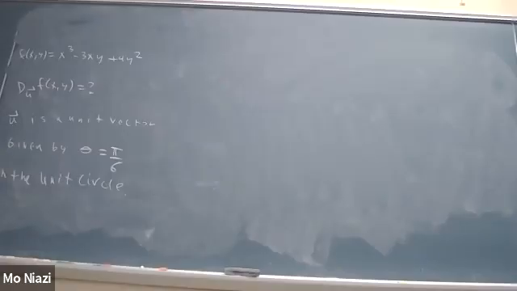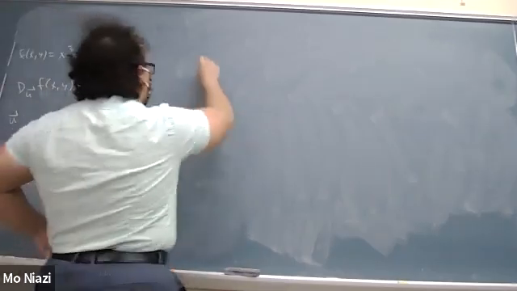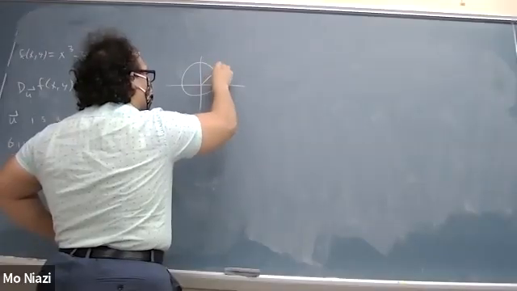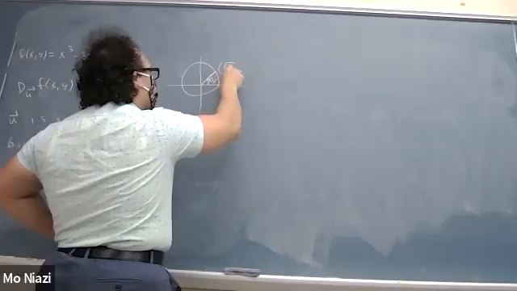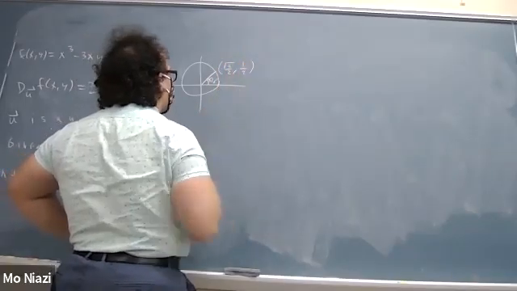Recall from trigonometry, that's one of the special angles. At pi over 6, cosine is root 3 over 2, sine is 1/2.